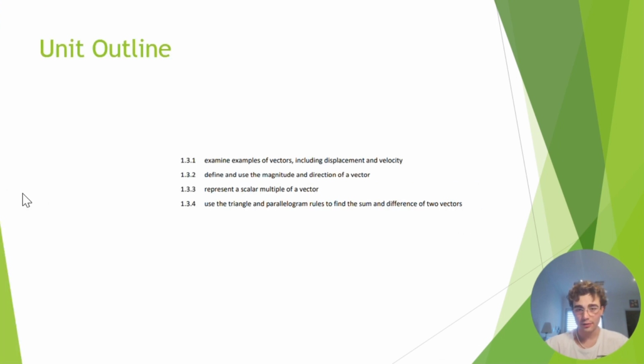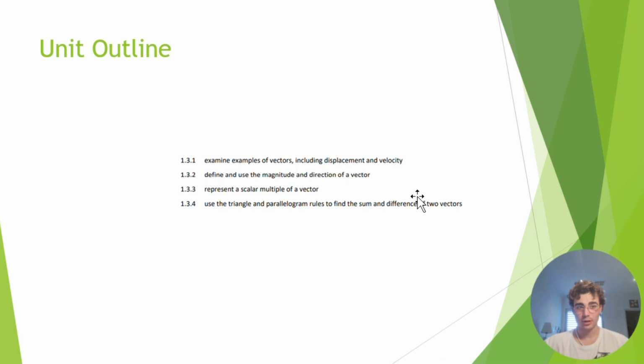So the outline of this video is that we will be looking at examples of vectors. Displacement and velocity are examples of vectors, whereas distance and speed respectively are examples of scalars. The thing that differentiates a vector from a scalar is that it has both magnitude and direction, whereas scalars only have magnitude.